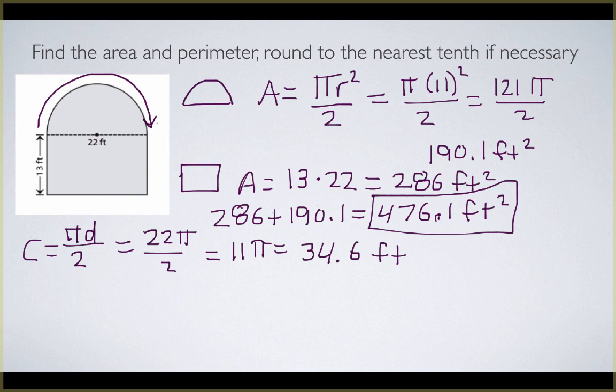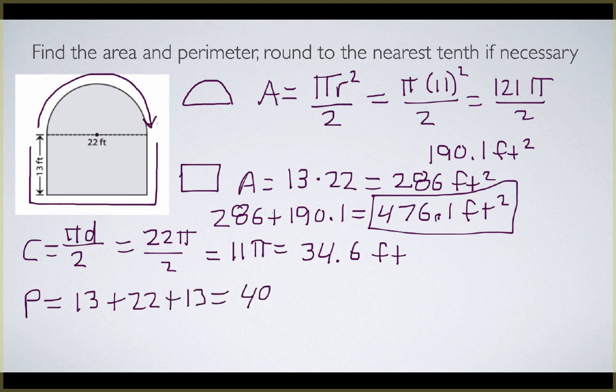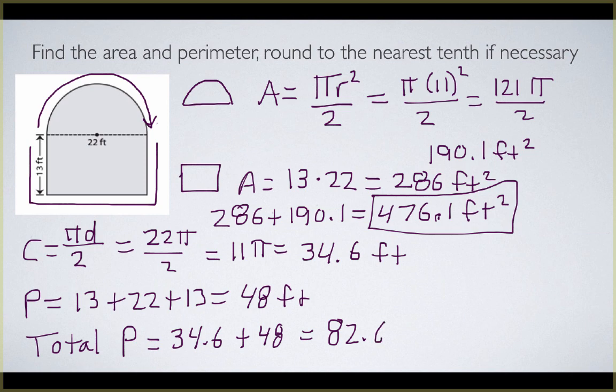Then we're going to find the perimeter of the 3 sides of our rectangle. This perimeter will be 13 plus 22 plus 13, which is 48 feet. Our total perimeter is 34.6 plus 48, which equals 82.6 feet. So there we have the area of our compound object and the perimeter of our compound object.